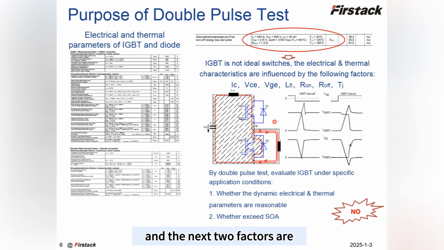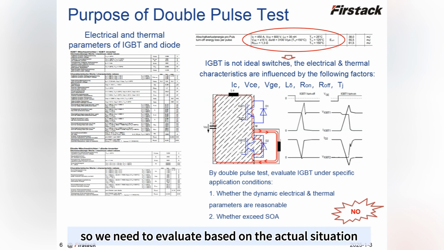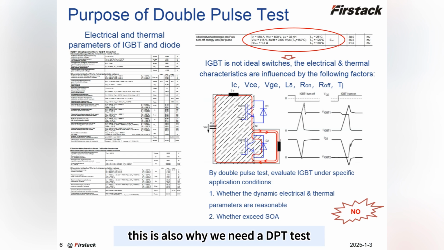The next two factors are the on-off resistance, and the last one is junction temperature. The change of these parameters by the external environment will inevitably lead to the change of dynamic characteristics of IGBT. So we need to evaluate based on the actual situation, and this is also why we need a DPT test.